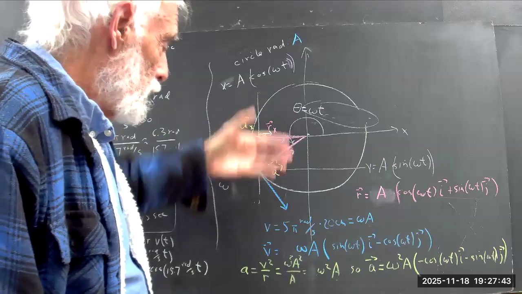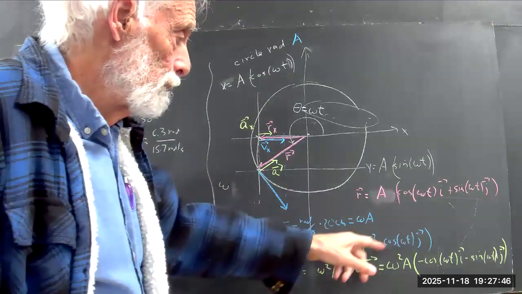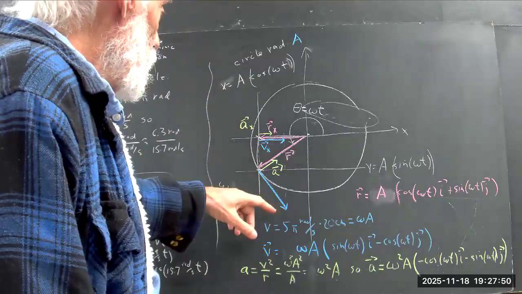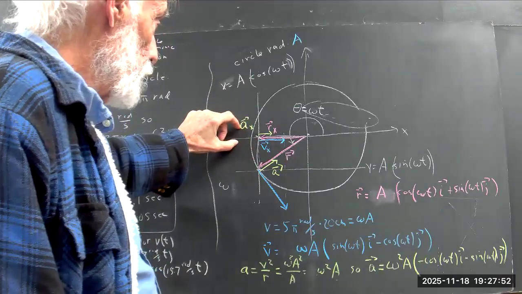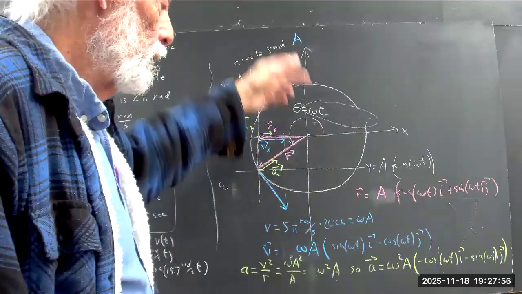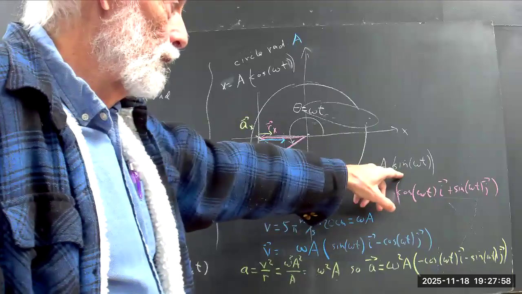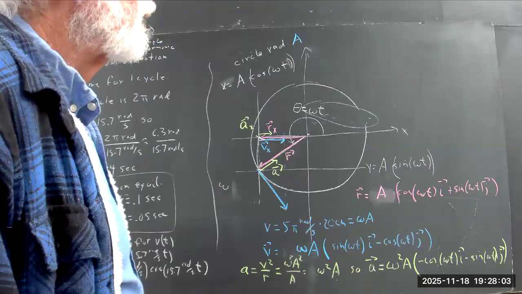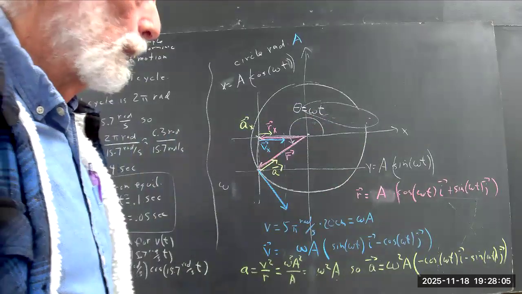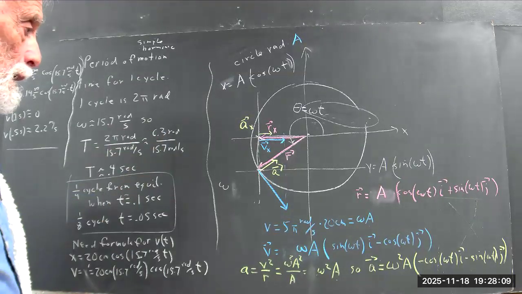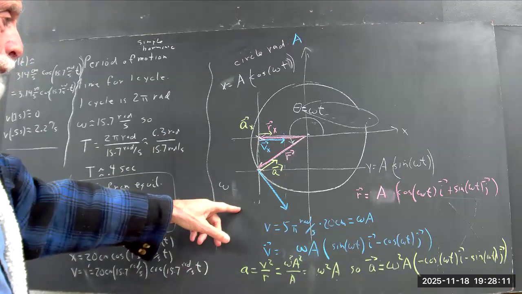You just put directions on these vectors by pasting on the unit vectors and take the projection onto the x-axis, or onto the y-axis if you want to use the sine. If you want to use some other angle, well, you can add a phase angle in here, but I'm not going to go there just yet. Okay. This is an important picture.